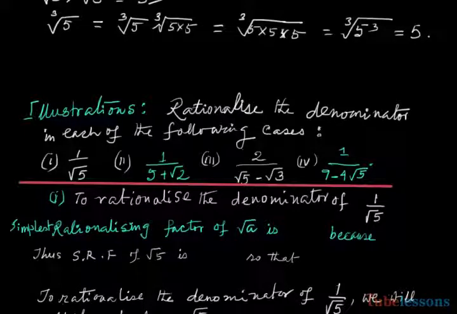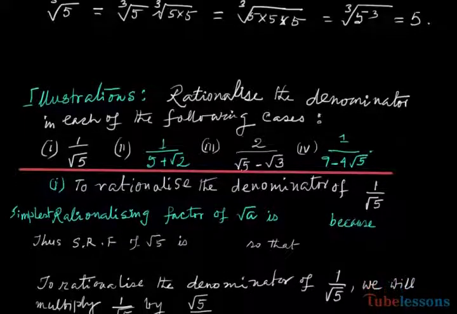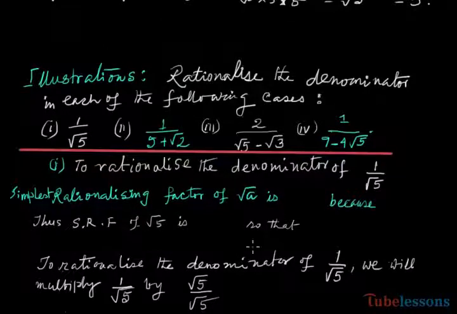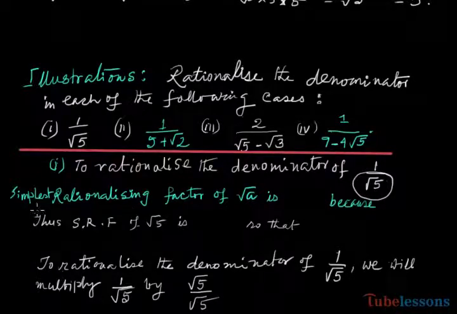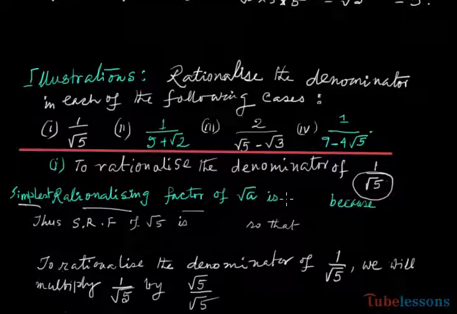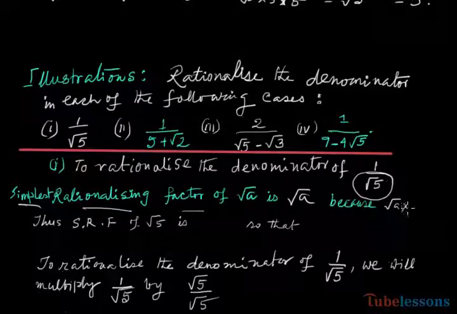First we discuss how to rationalize the denominator of 1 by root 5. The simplest rationalizing factor of root a is root a, because root a into root a is equal to a.